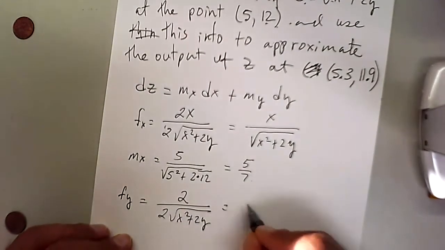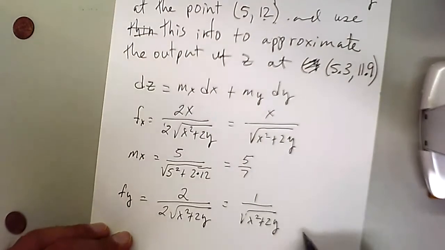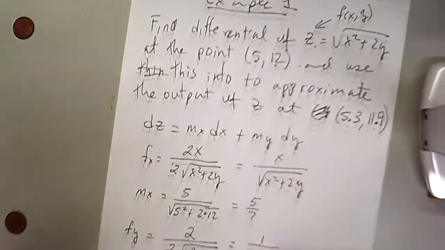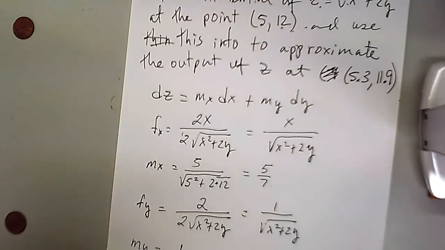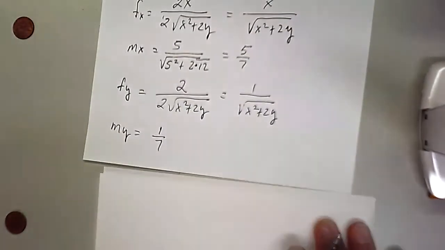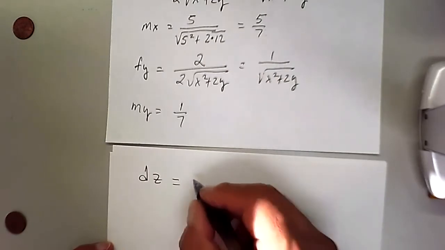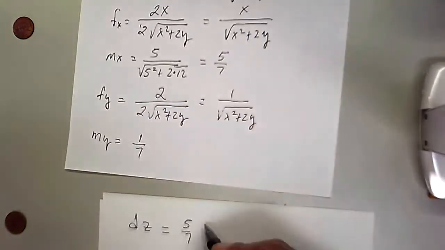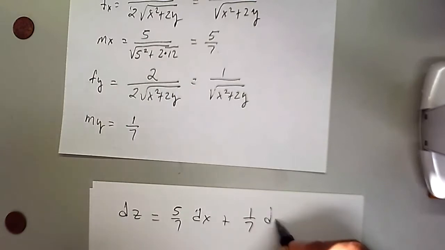The 2s simplify, and we simply end up with 1 over the square root. So the slope in the y direction at this one point will be 1 over 7. Okay. So the differential with respect to z will be 5/7 multiplied with whatever dx is plus 1/7 multiplied with dy.